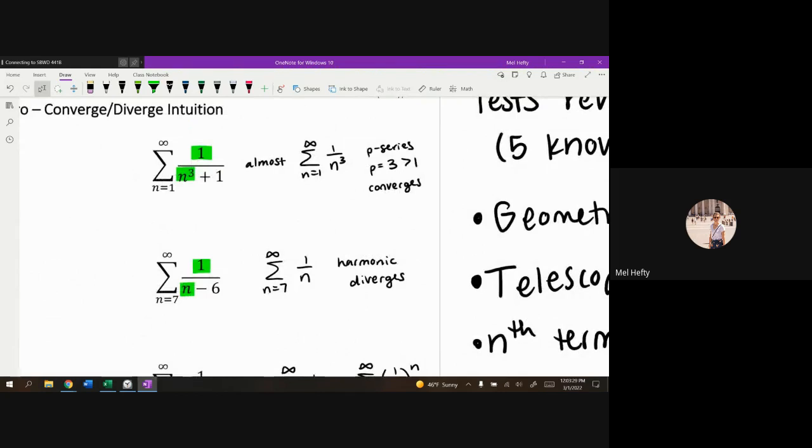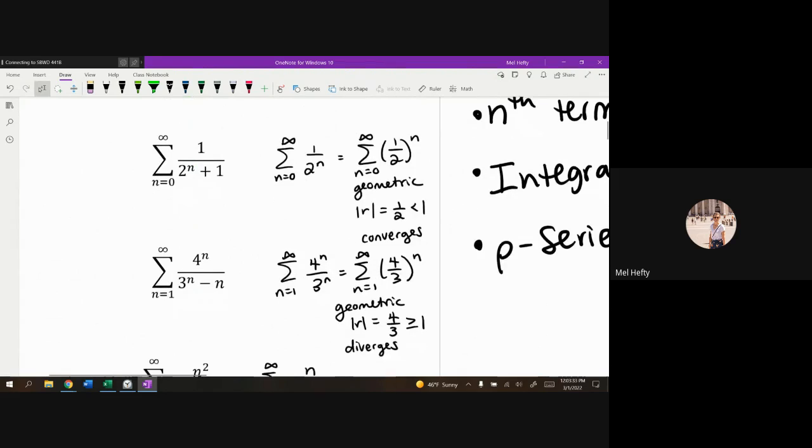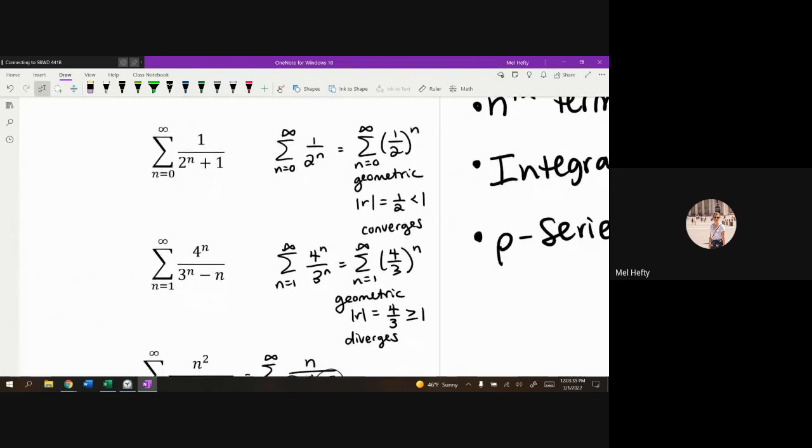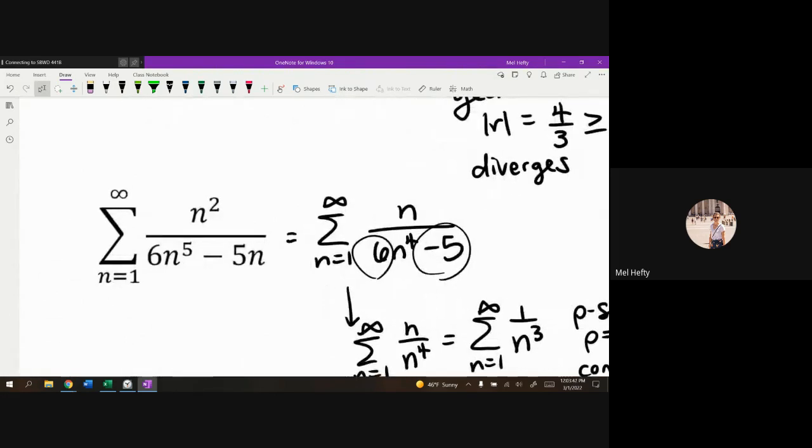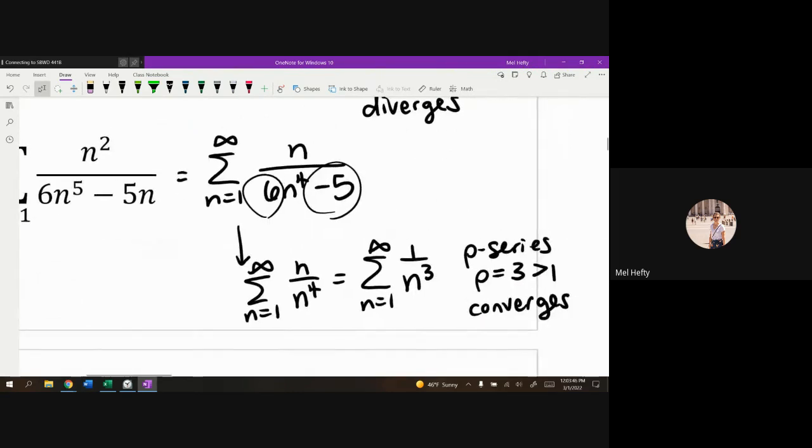If there's only stuff on the bottom, disregard a +1, disregard a -6, disregard a +1, disregard even a -n. If you've got exponentials in top and bottom, or if we're getting more complicated, let's just take the winning power on top and the winning power on bottom and see if it simplifies into something I know what it does. We're going to have to choose what to compare to, and that's kind of how we're going to do it.